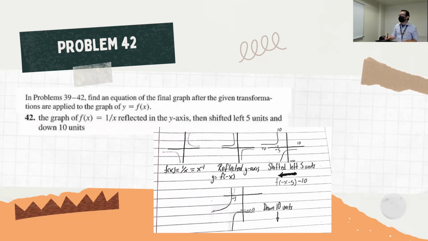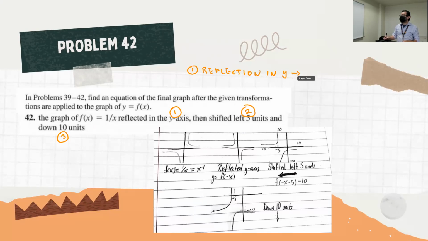So first off, we're going to do this step by step. I'm going to call this 1. I'm going to call this 2. And I'm going to call this 3. So 1, reflection in y.